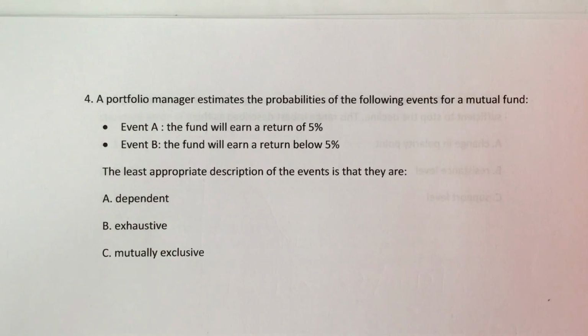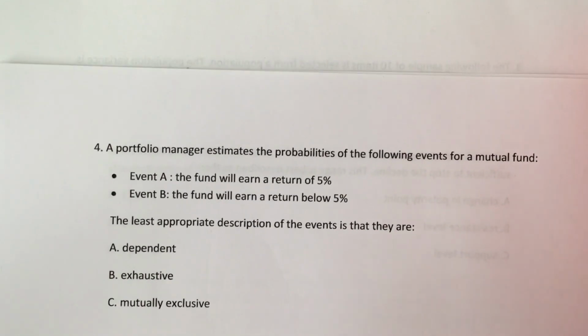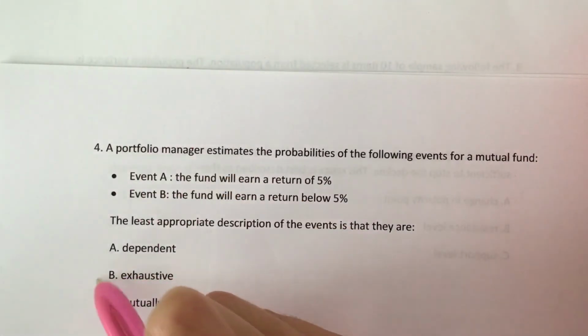In this situation, events A and B are mutually exclusive because they cannot occur at the same time, and dependent because if one event occurs, the probability of the other becomes 0. However, the two events are not exhaustive because they do not cover the event that the fund will earn a return above 5%. So the correct answer is B.